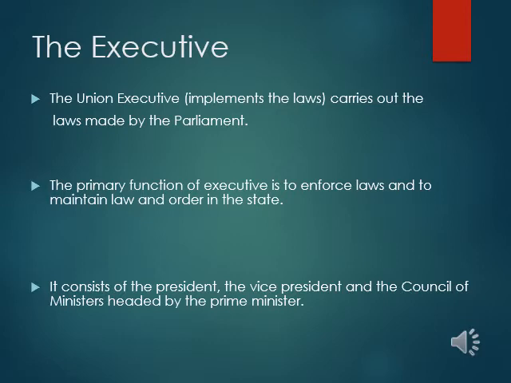It consists of the president, the vice president, and the council of ministers headed by the prime minister. It means the president, the prime minister, the vice president, and the council of ministers are the executives of our country.